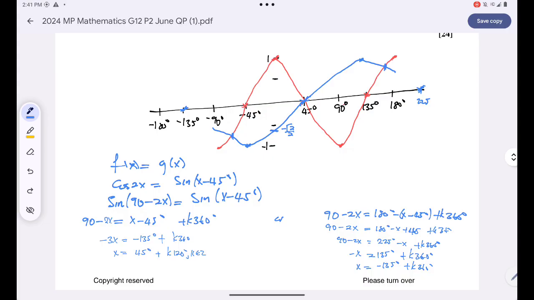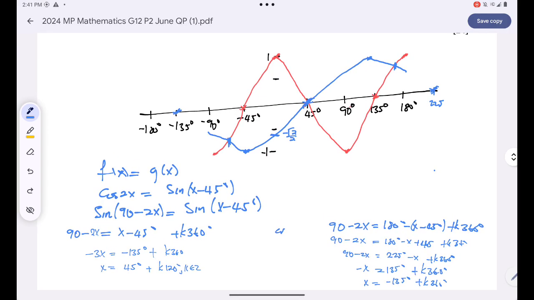So the first solution I'll come across, yes, at 45 degrees I can see that I do have a solution. So let's check again. 45 plus, let's try k to be negative 1. When k is negative 1 times 120, this will just give us negative 75. Another x value over there is just negative 75 degrees.